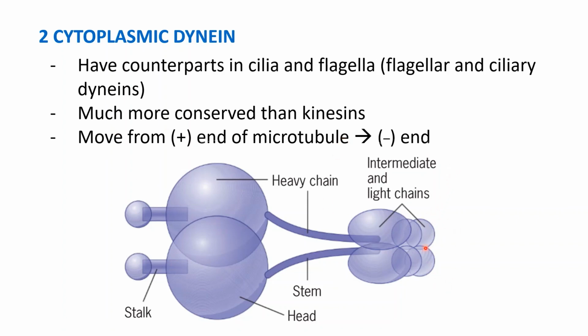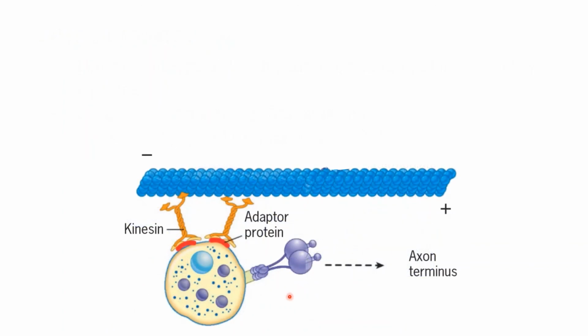So here we have a vesicle that's moving from the negative to the positive end of the microtubule, and the ones that are carrying it, of course, this time are the kinesins. But attached to the membrane of that vesicle is also a dynein, but here it's quite inactive because the movement here is from negative to positive.